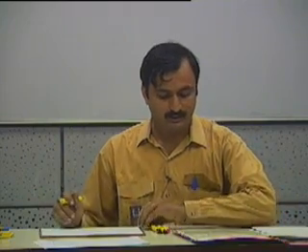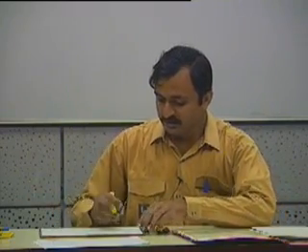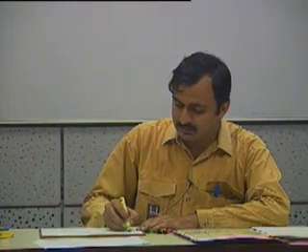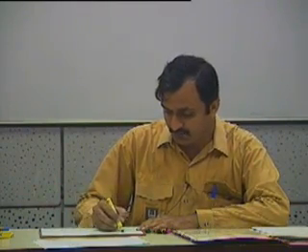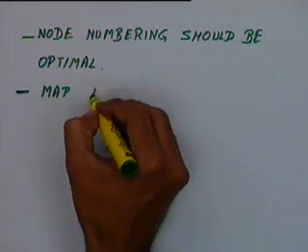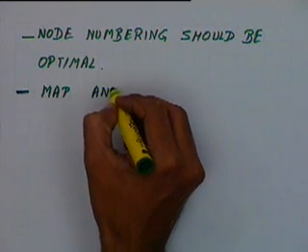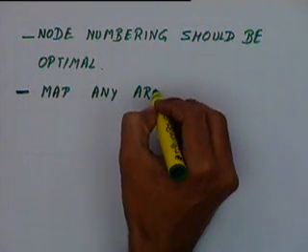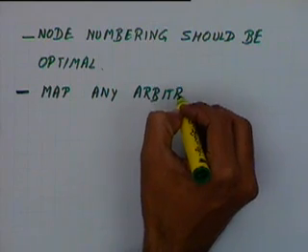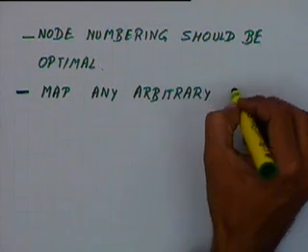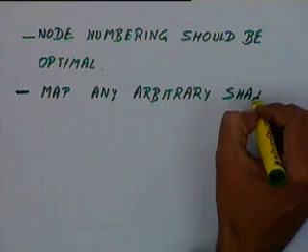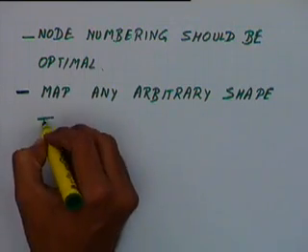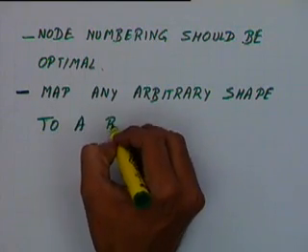And in this algorithm, the first step is that we have to map any arbitrary shape to a rectangular array of blocks.